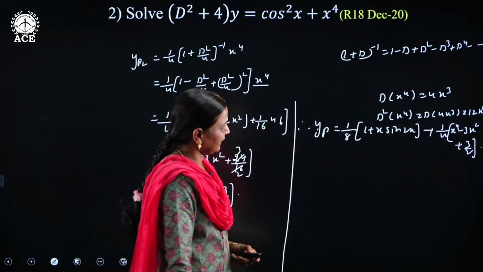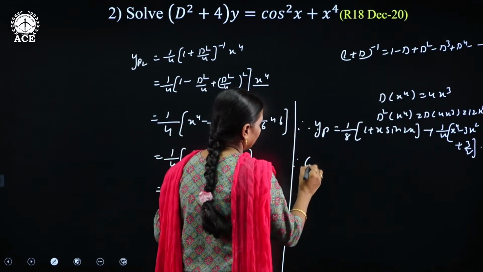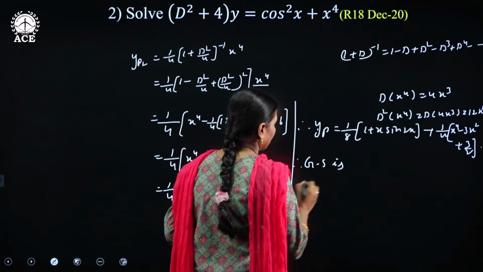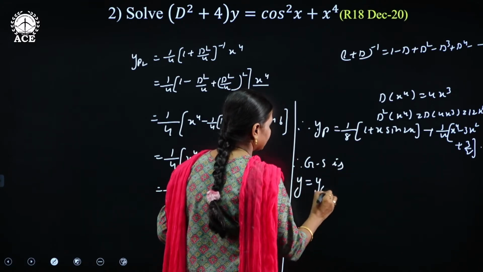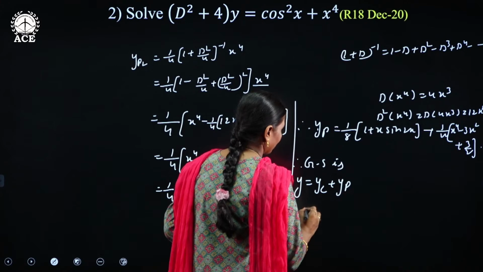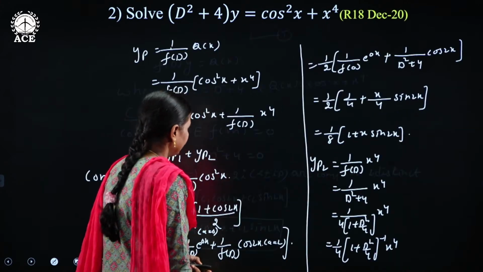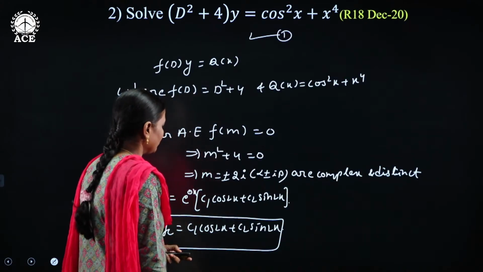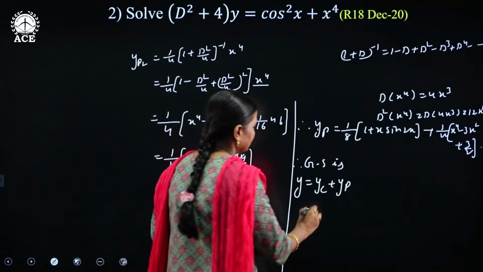Next, write the general solution. Therefore the general solution is y is equal to yc plus yp. What is yc? yc is here c1 cos 2x plus c2 sin 2x.